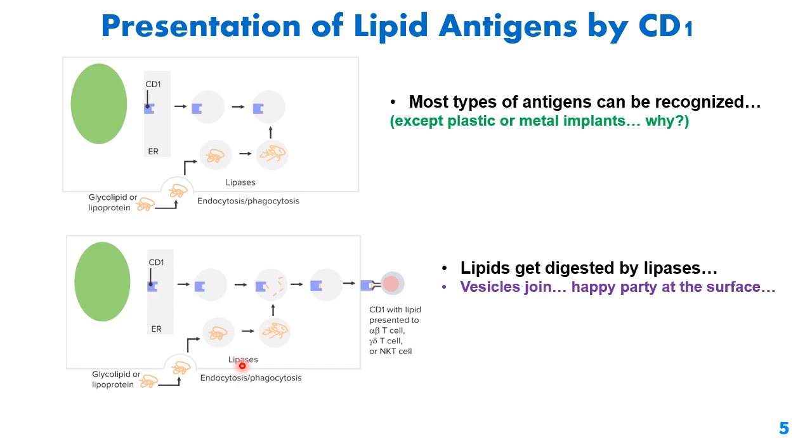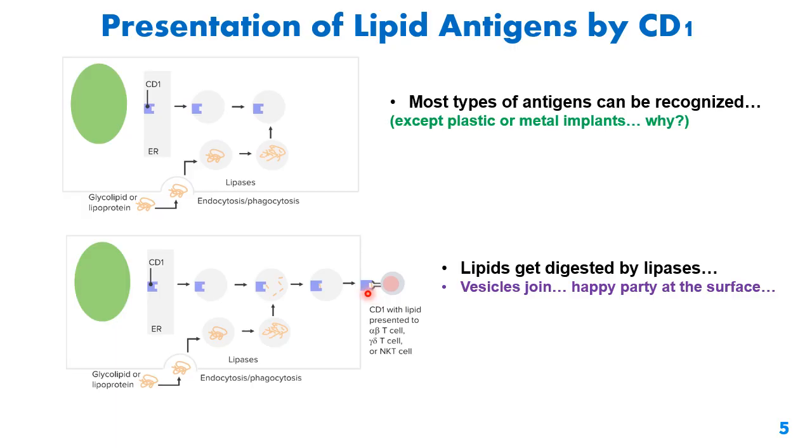Remember, enzymes that do the job, get the A's at the end, those are breaking lipids, so we call them lipases. So those get chopped up. You have here the phagolysosome that is getting together with a vesicle that has your CD1 family member, and then your piece of lipid gets put on the surface and presented on the cell membrane, right?